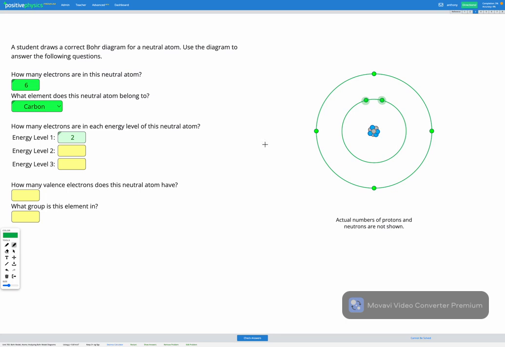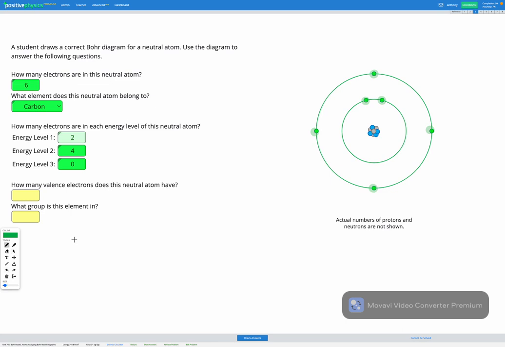So that's the second one we can see here, and we've got 1, 2, 3, 4 electrons there. And then the third energy level isn't shown on the diagram because there are no electrons in it. So in this one, there are 0 electrons in the third energy level.